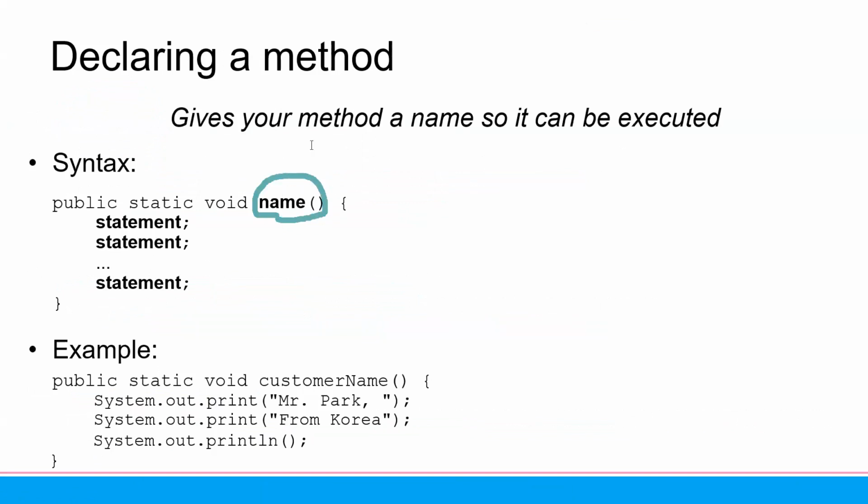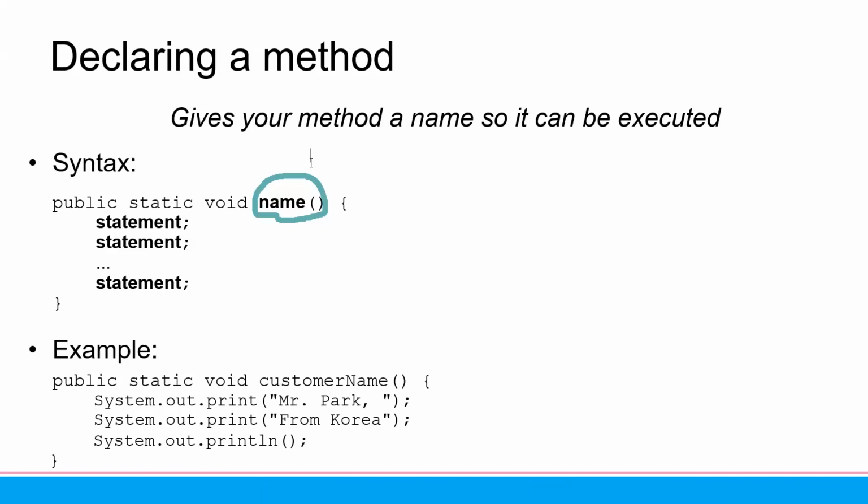The method name can be anything. If you still remember from the first part, we need to define any kind of name.